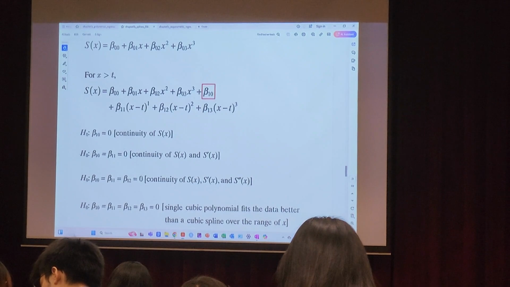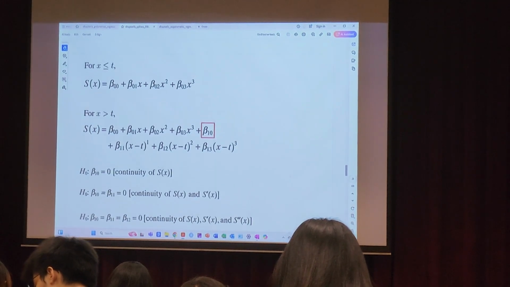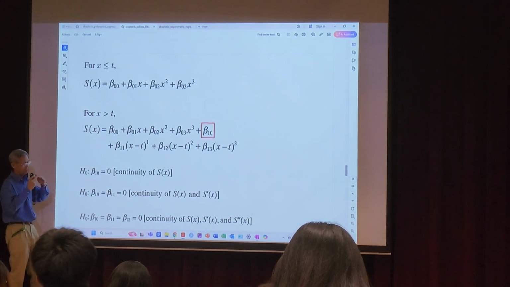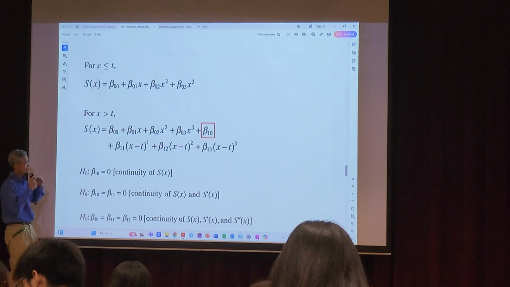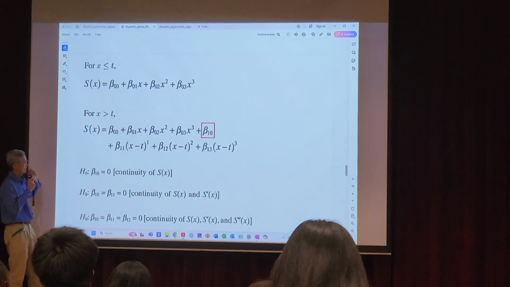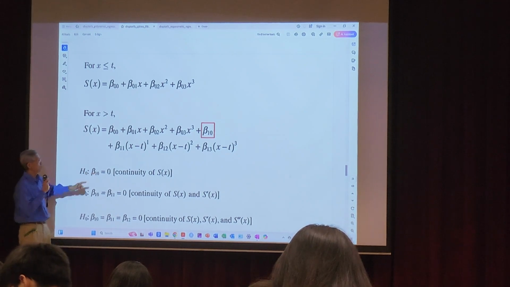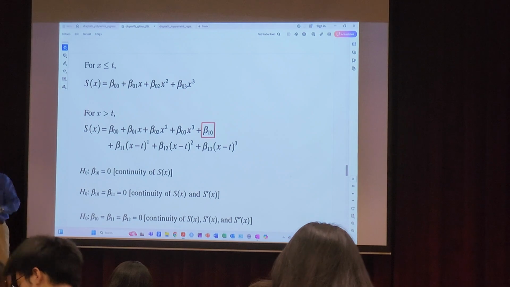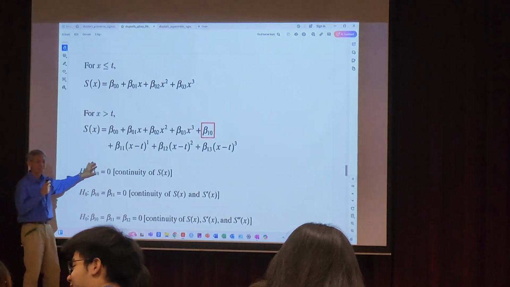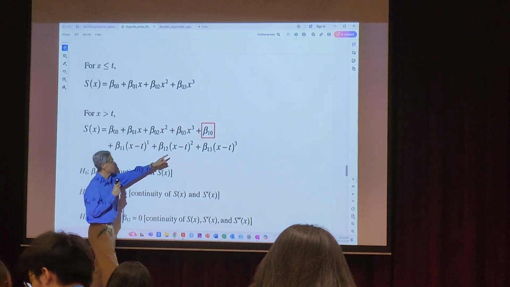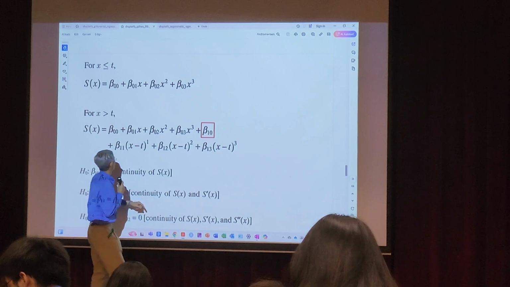And so if I want to test, for example, whether the two cubics model are continuous or not at the knot t, I can simply test this term here, beta 1, 0.